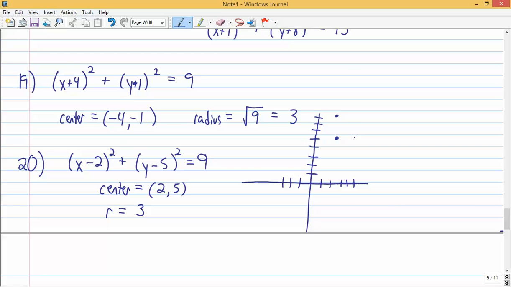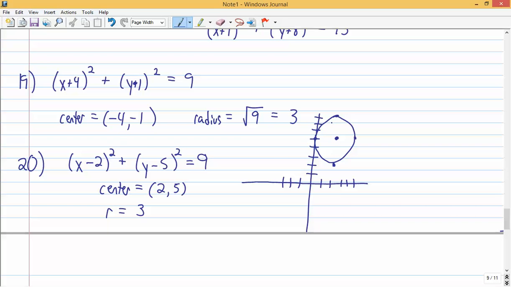Go right 3 and put a point, go back to the center. Go down 3 and put a point, go back to the center. Go to the left 3 and put a point. Then you connect all these outside points with a circle.